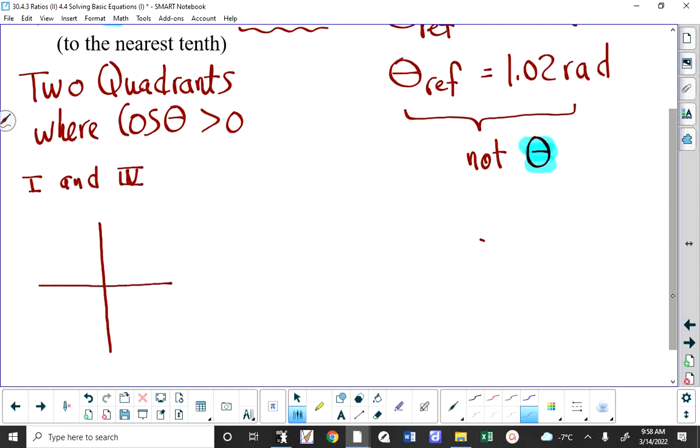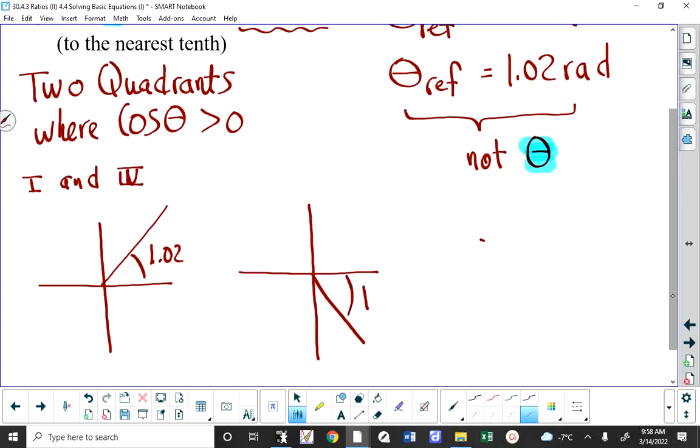We draw that reference angle of 1.02 rads in quadrant 1, and we draw that reference angle of 1.02 rads in quadrant 4. So this is the one in quadrant 1, this is the one in quadrant 4.